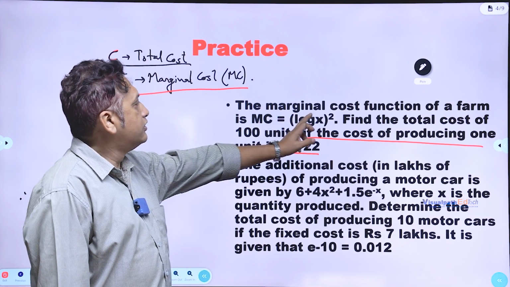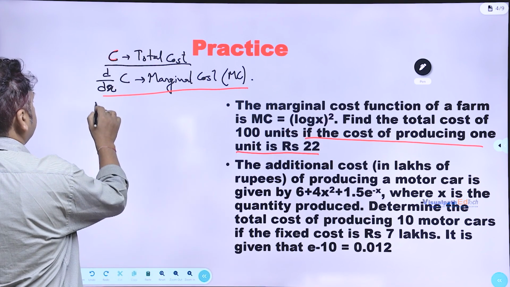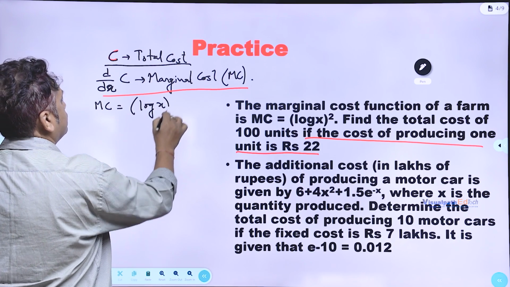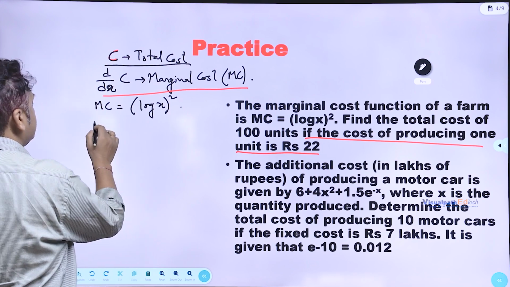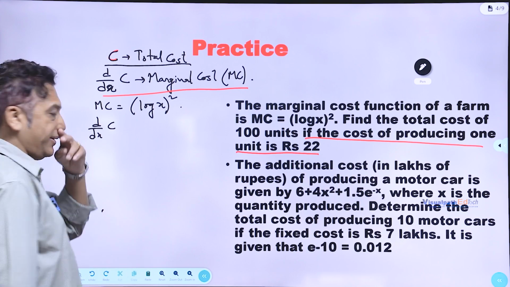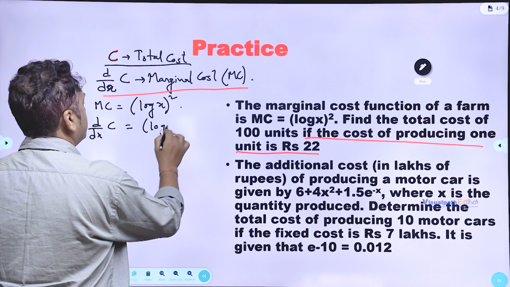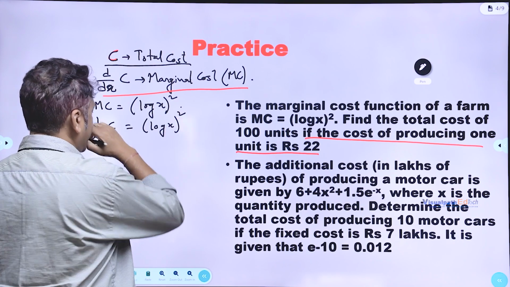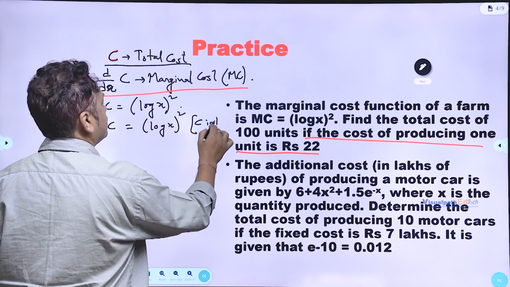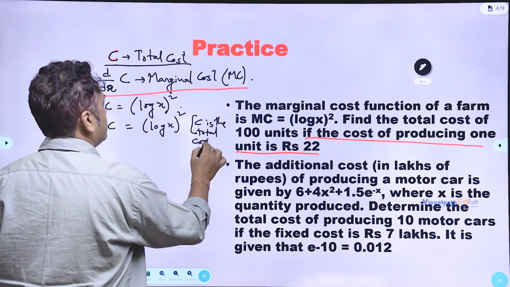We are given that the marginal cost function MC is equal to (log x) whole square. Now MC we know is d/dx of C, which is equal to (log x) whole square, where C is the total cost function.